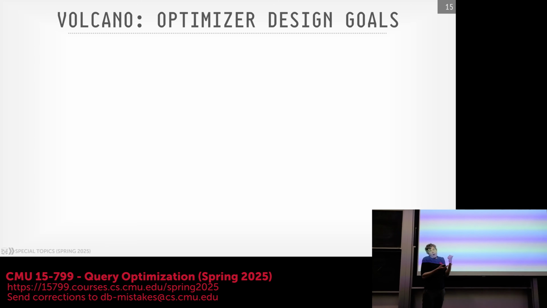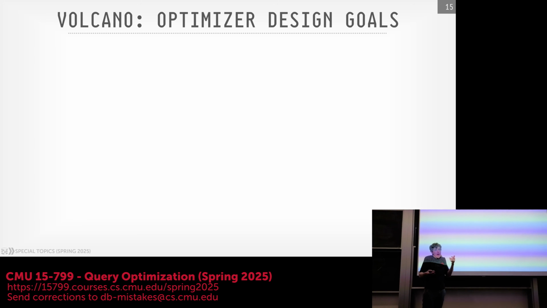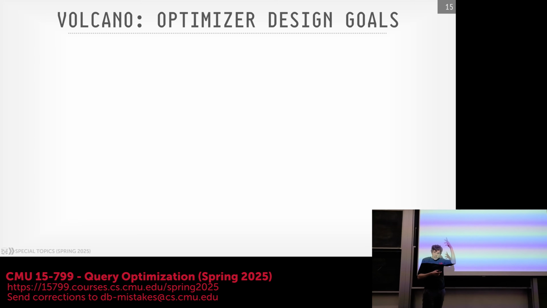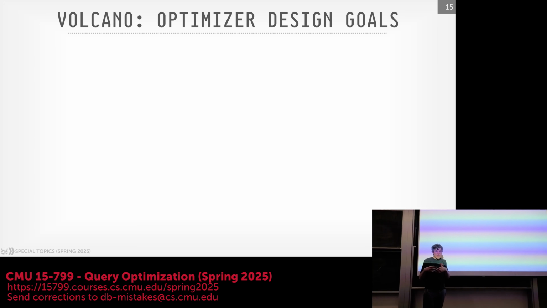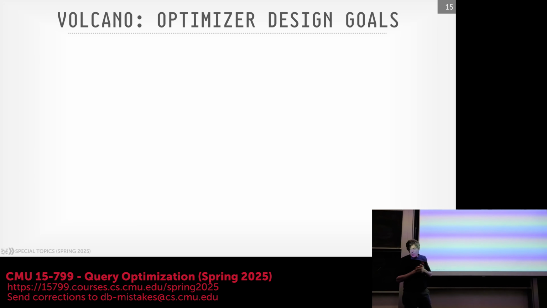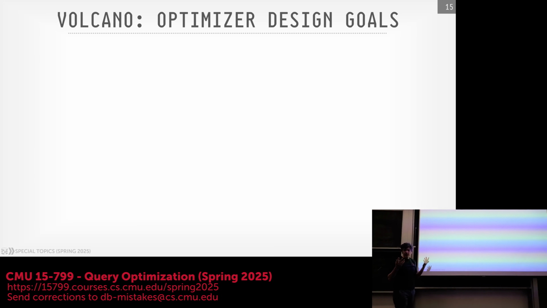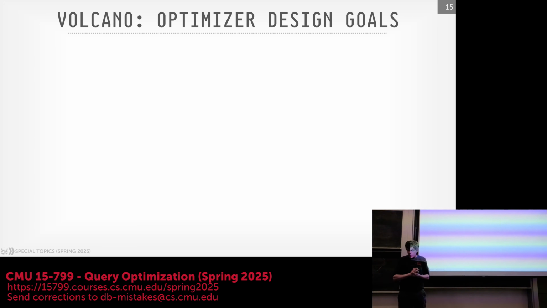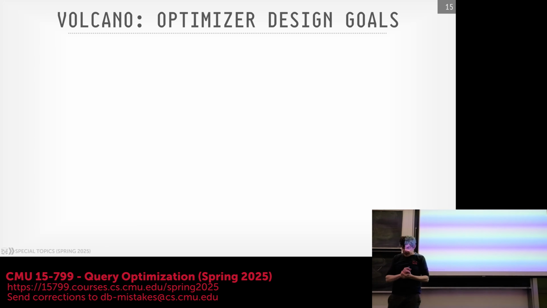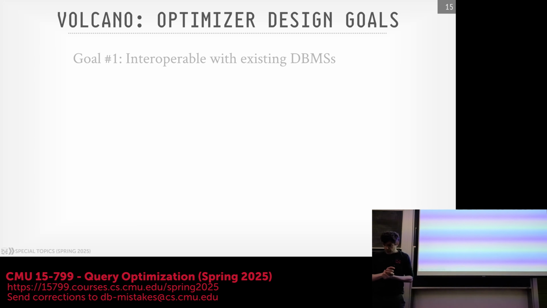But then you say, well, if I'm already rewriting the system, let me add this feature and that feature, and let's do this crazy thing. You start adding a bunch of new things in the second system, and then the second system never ends up getting built. And so I have to give him credit: Volcano is his second system, and he got it done. He followed his goals, and he actually implemented it reasonably well.